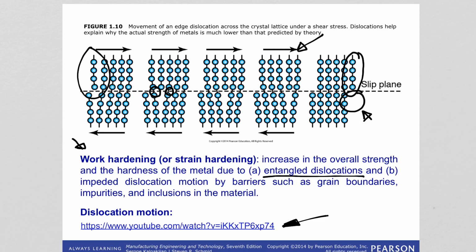Plus, dislocation motion is also prevented by other defects inside the material, such as grain boundaries, impurities, inclusions. Okay, so overall the strength and the hardness will increase when you work on the material, as you keep changing the shape of the material.